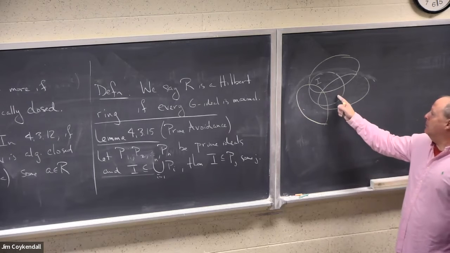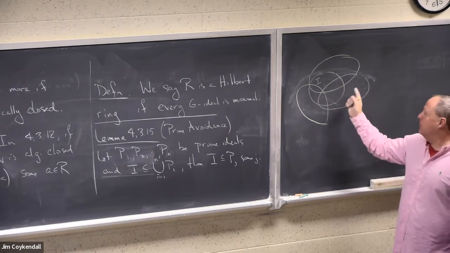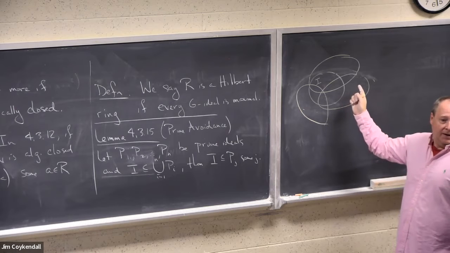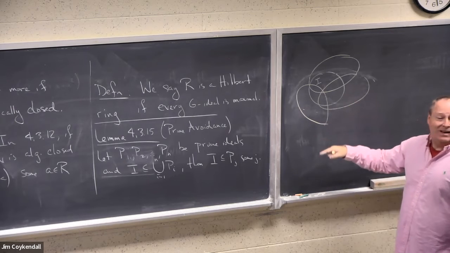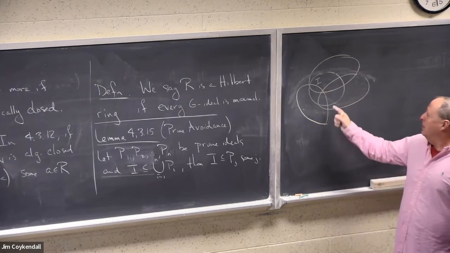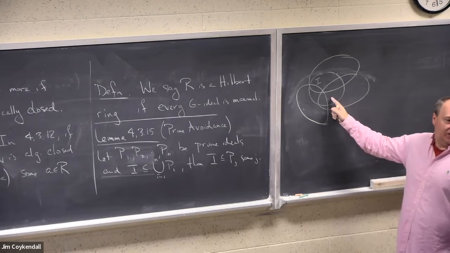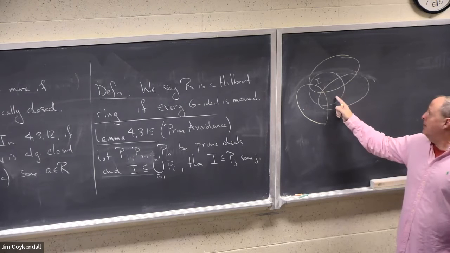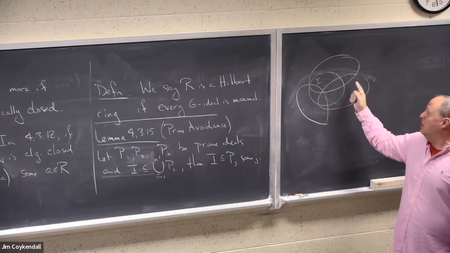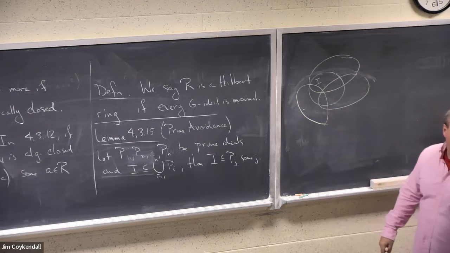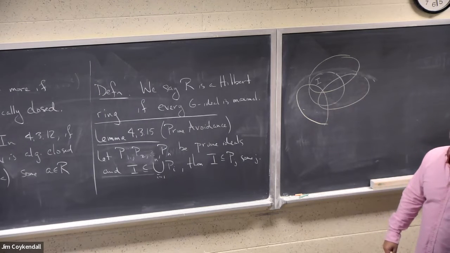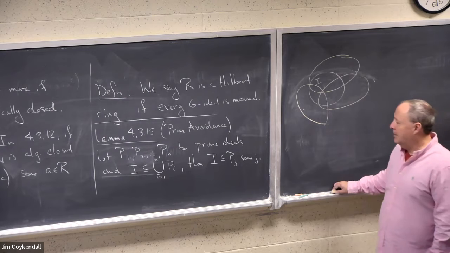Because if you have an ideal that's contained in a union, so if the yellow one's a prime, the ideal is contained in the union, it has to be contained in one of them. So if I drew you a picture, this little diagram, and said that I is an ideal, what can you tell me about these other ideals here? You can tell me, well, they can't possibly all be prime, right? Because prime avoidance guarantees that.